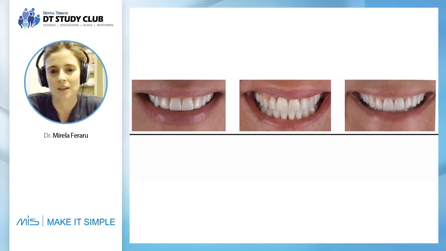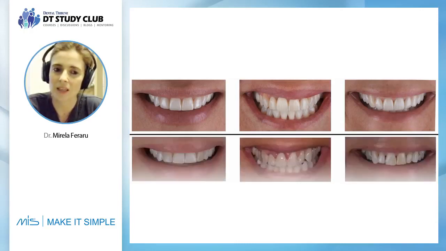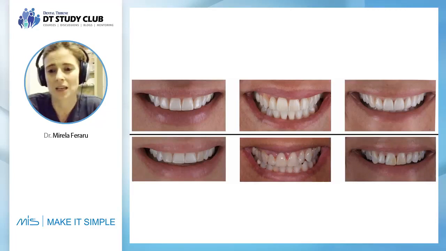Now, when we look at these smiles, we notice that there is a very nice harmony of the ceramic restoration related to the frame, which are the lips. And we can see that each one of them has undergone a more simple or more complex restorative treatment with different types of deficiencies.